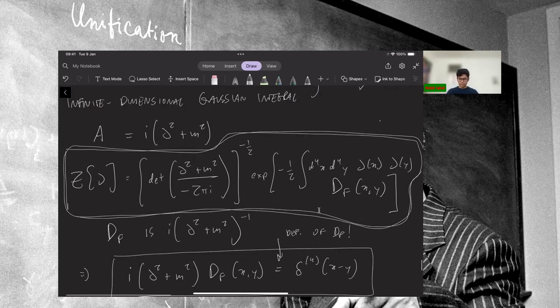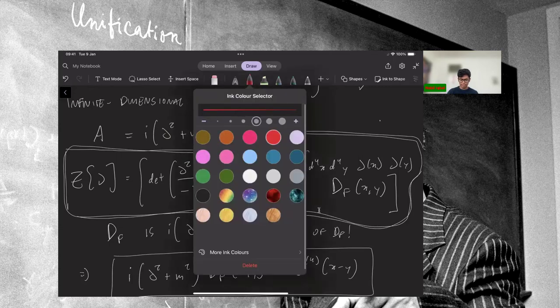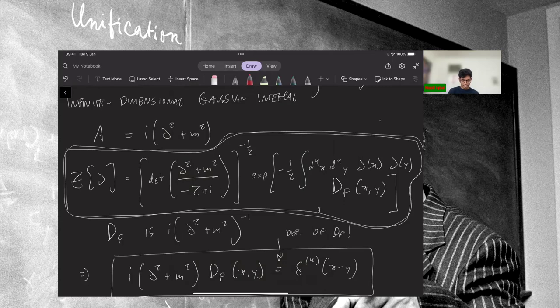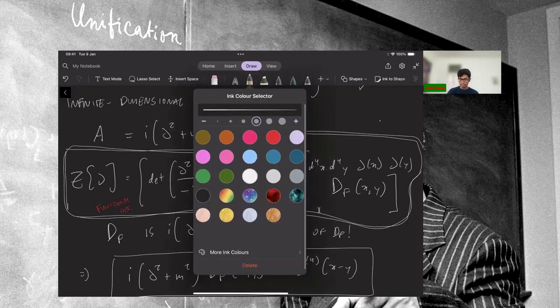There is the determinant of partial squared plus m squared. That might sort of stress you out a little bit. What is the determinant of partial squared plus m squared? This is what's called a functional determinant, because it's a determinant of an infinite dimensional operator. And it's really quite beautiful.